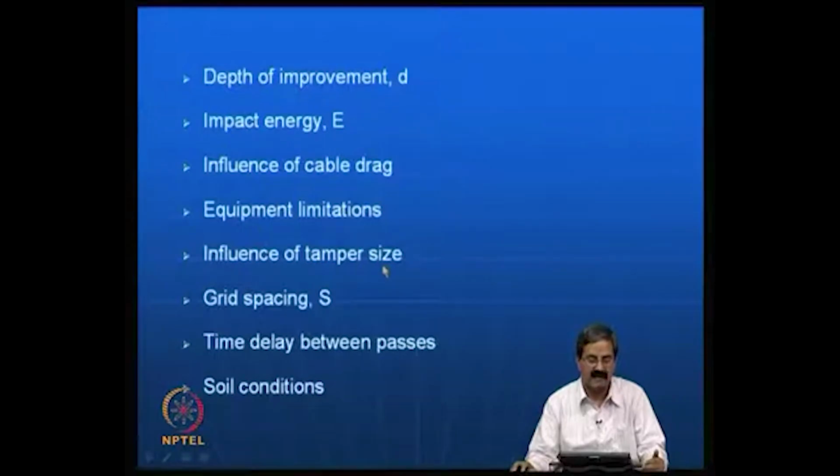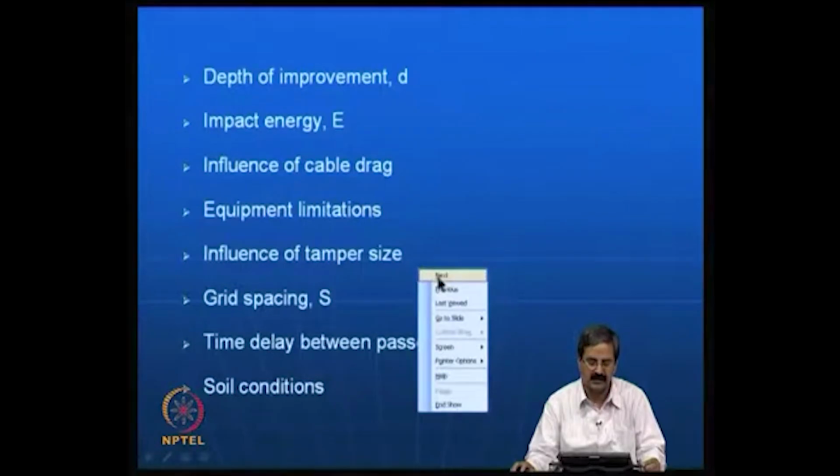Then the influence of the tamper size, grid spacing, time delay between passes, because as I just said, there is a difference between dynamic compaction and dynamic consolidation. Because you need consolidation, you need to give some time there, that is a simple difference. Then soil condition. So the design must be able to address some of these issues, so that you come out with some rational design approach.